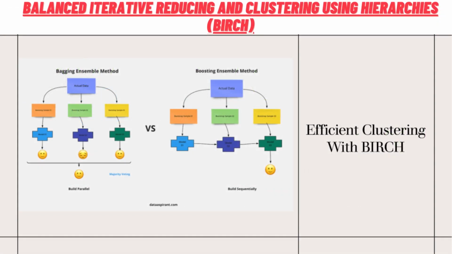Balanced iterative reducing and clustering using hierarchies is a clustering technique often used for handling large datasets. It can scan an entire database in a single pass and focuses on spaces with high data point density within the database and provides a precise summary of the data.